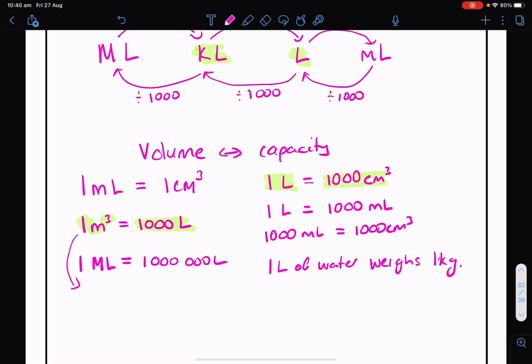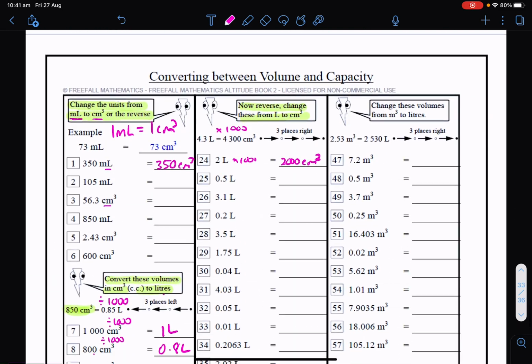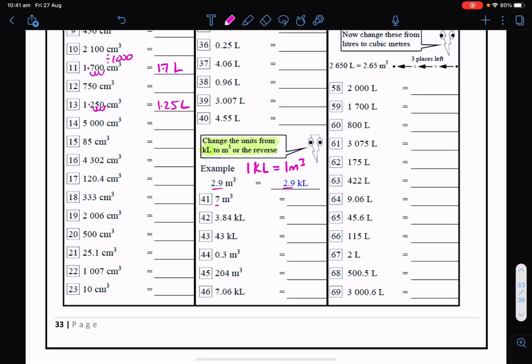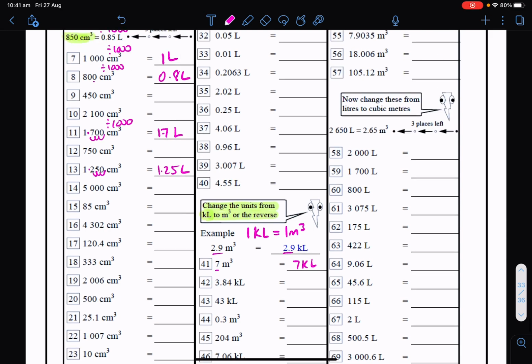That also tells us that 1 metre cubed also equals 1 kilolitre, doesn't it? Because there's 1,000 litres in 1 kilolitre. So we can use that down here. So 1 kilolitre equals 1 metre cubed. So you can see it's just a 1 for 1, isn't it? So if we've got 7 metres cubed, we have 7 kilolitres. Okay, so you can go through and do a 1 for 1 for those ones.